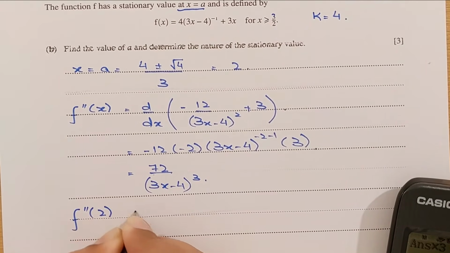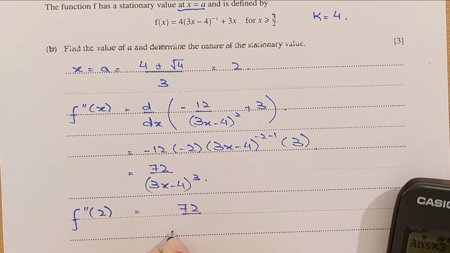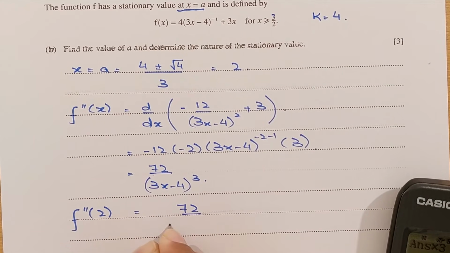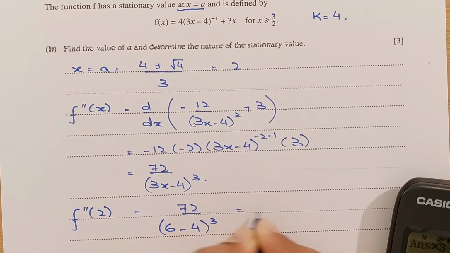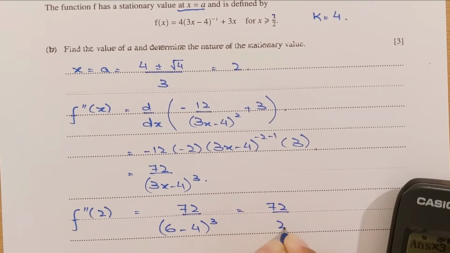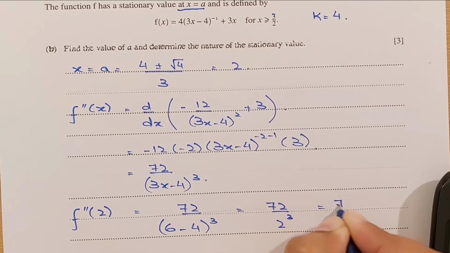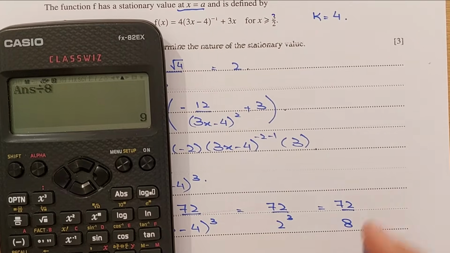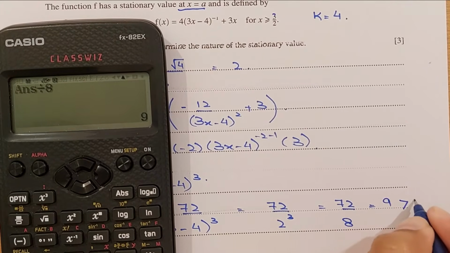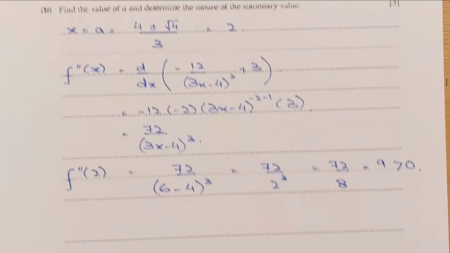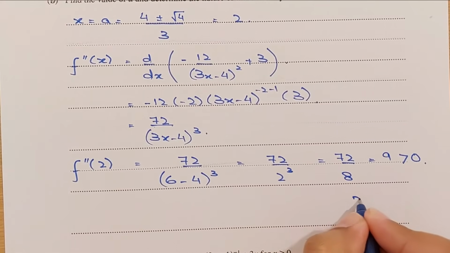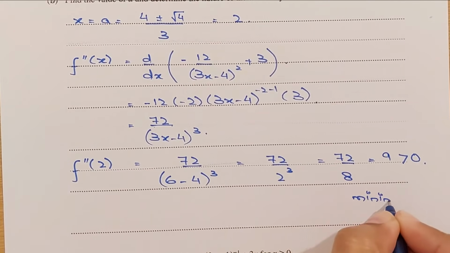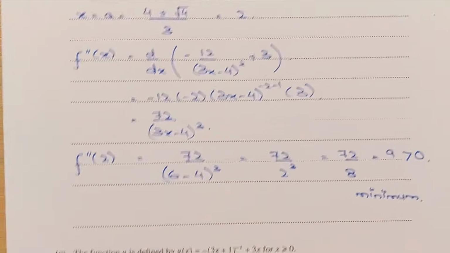This is f double dash of 2: 72 divided by (3 times 2 is 6, minus 4) cubed. 72 over 2 cubed is 72 over 8, which equals 9, and this is positive. So the nature is a minimum. This point is a minimum because the second derivative is positive.